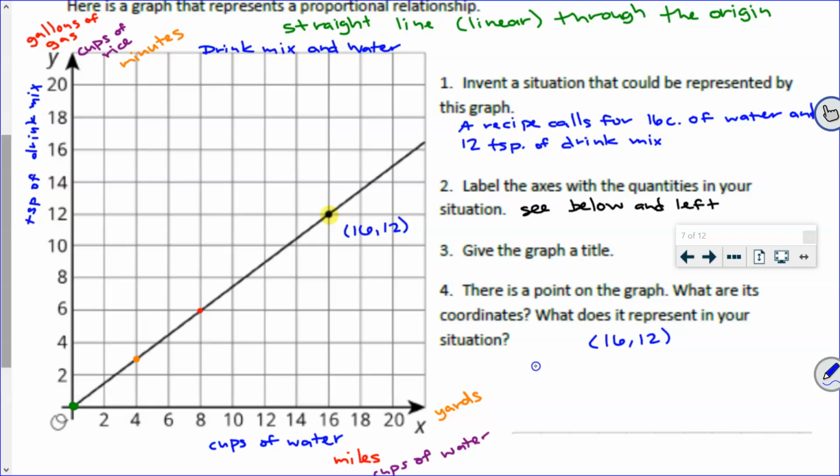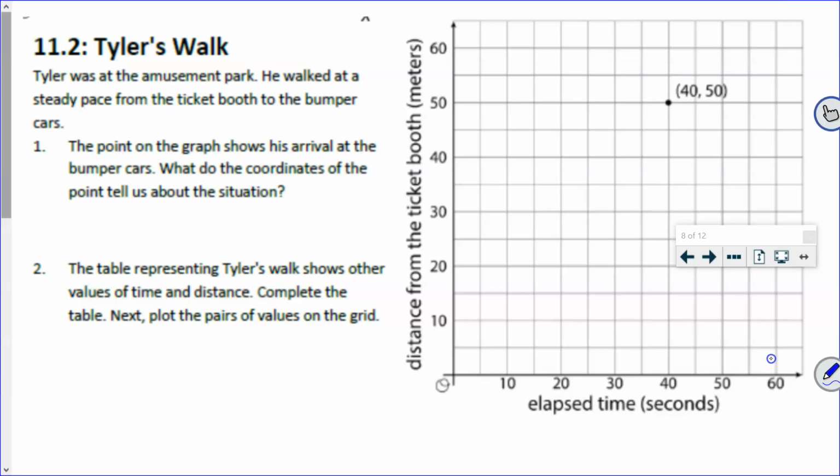For my situation, that would be 16 cups of water, because the 16 is here on the x-axis where I'm measuring cups of water, and the 12 is on the y-axis where I'm measuring teaspoons of drink mix. So 16 cups of water, comma, 12 teaspoons of mix. That's what that means. Easy peasy, lemon squeezy. Move on to the next problem.